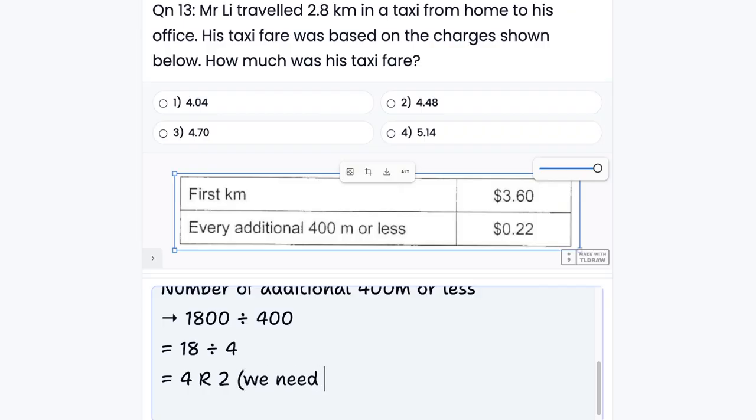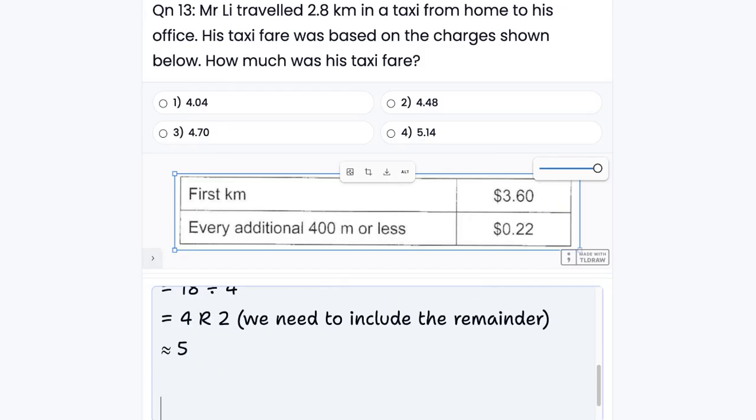We need to include the remainder as well. So that means, let me round up to the number 5. So the additional cost is equal to 5 times 0.22.